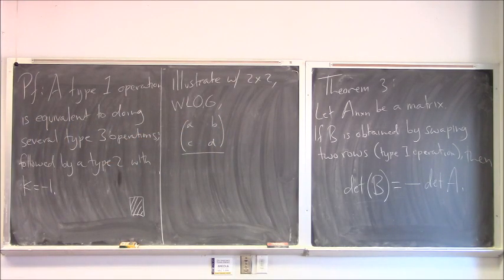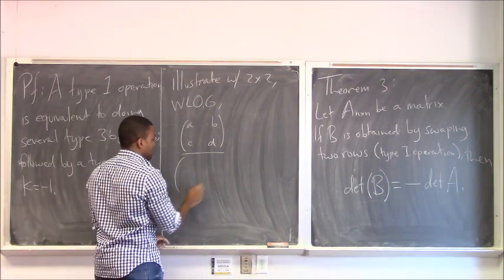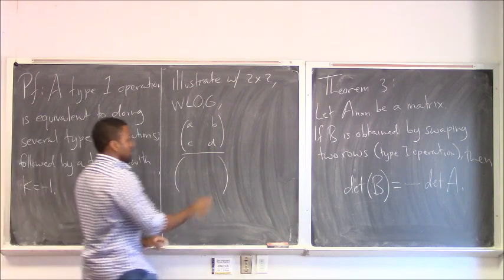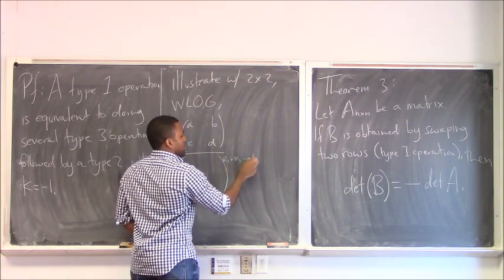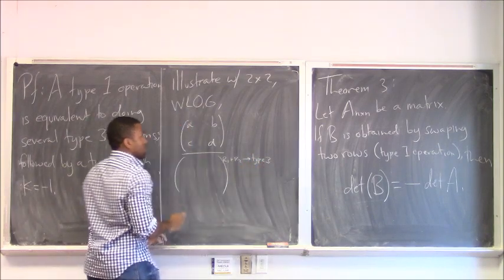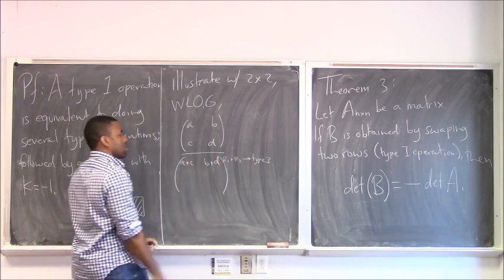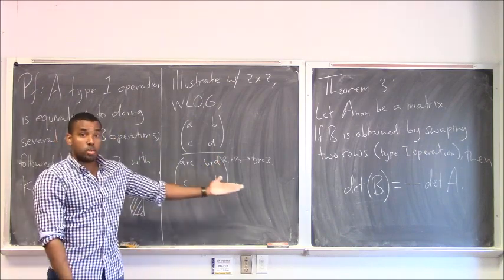I want to swap A, B and C, D. What I can do is a type 3 in row 1: take row 1 plus row 2. This gives me A plus C, B plus D. Leave that alone, right? Notice that here, the determinant is unchanged.